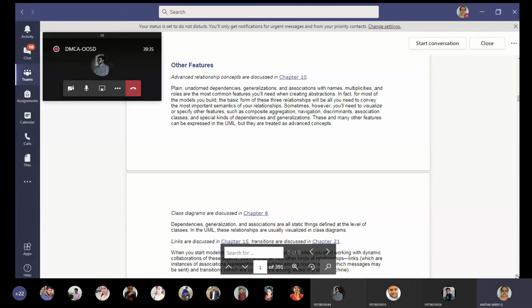So here, when we come to relationships, what are the other things we can talk about? Apart from the general semantics of relationship, we need to visualize or specify other features such as composite aggregation, navigation, and other special kinds of dependencies. So here it can be said as links and transitions.